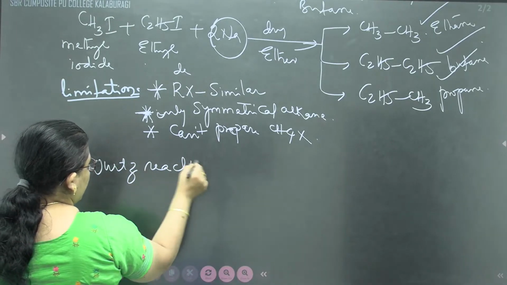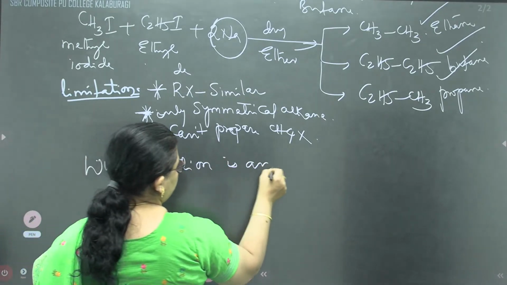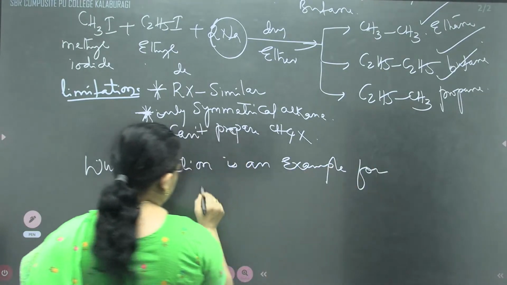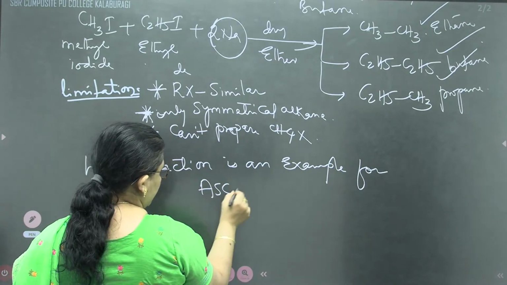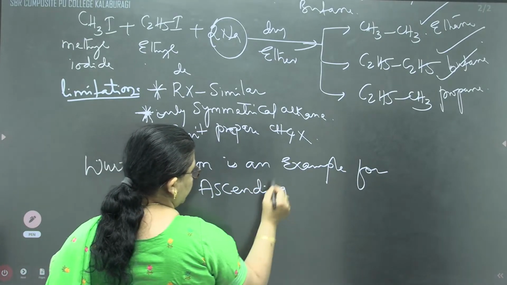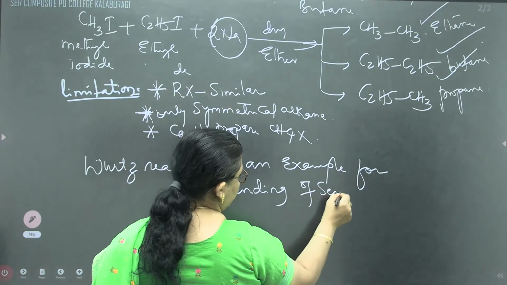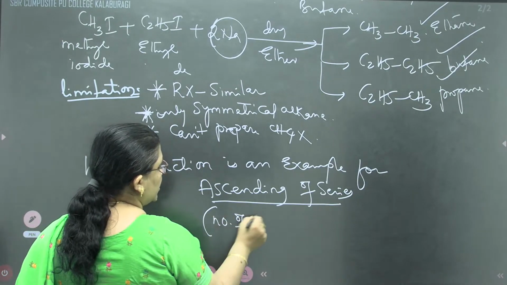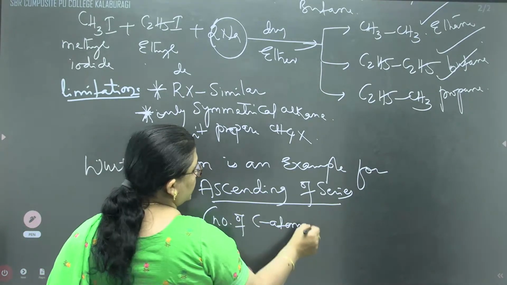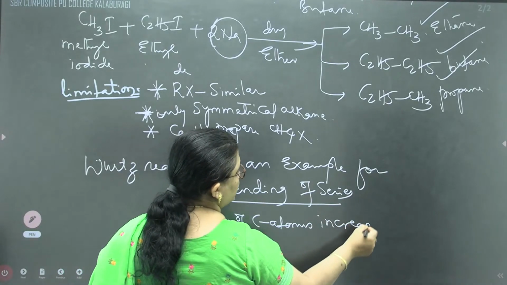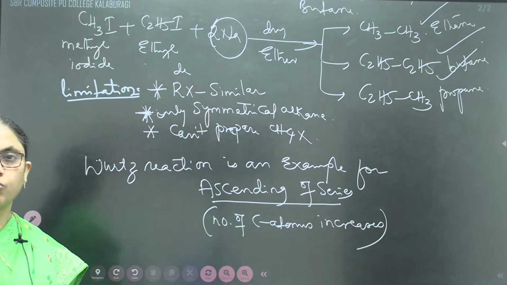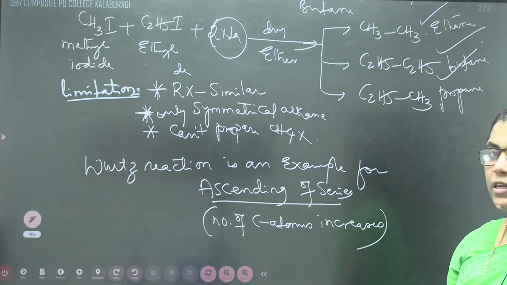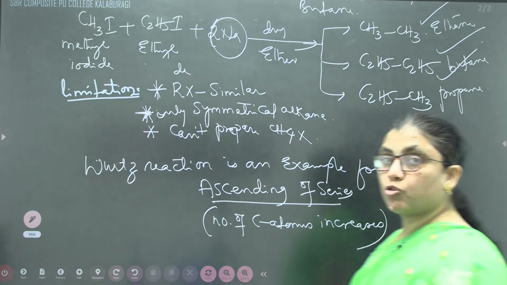Wurtz reaction is an example of ascending of series. Ascending of series means what? The number of carbon atoms increases. That's why it is called ascending of series, where the number of carbon atoms is going to be increased.